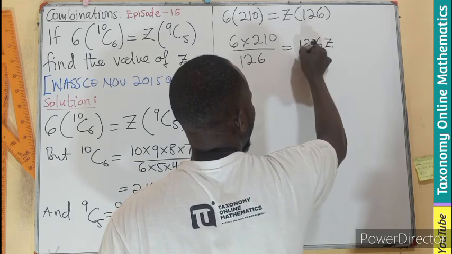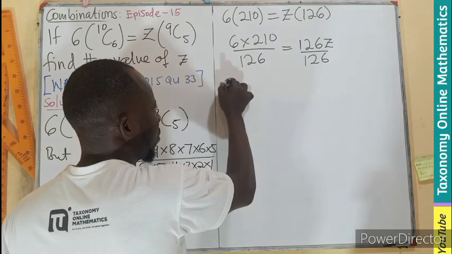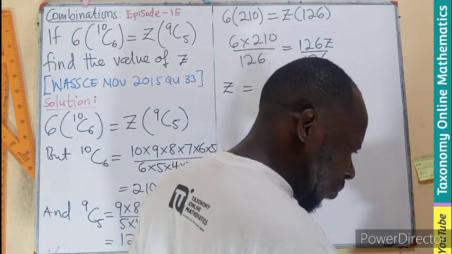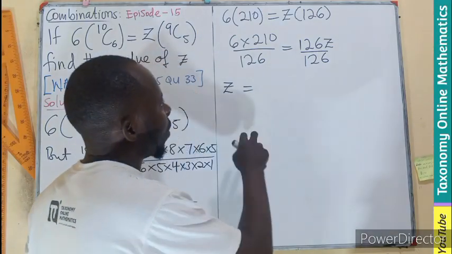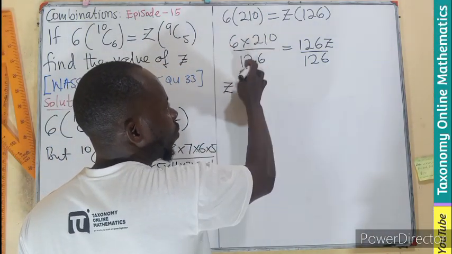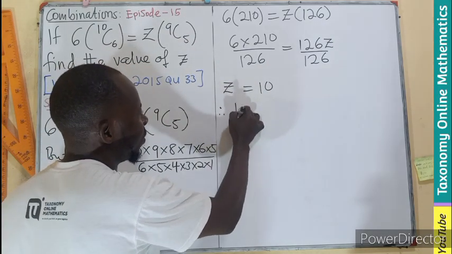If I divide by 126, it will cancel the 126 on z. So z is going to be that division. Let's see if you put that. Okay, from the calculator, we should be having 10 because this times 21 is 126. So we have 10.